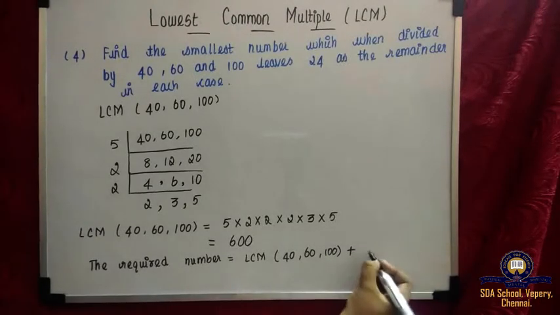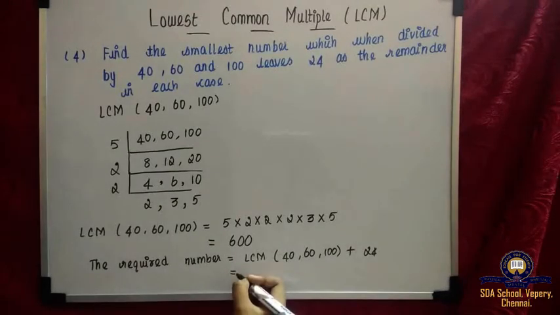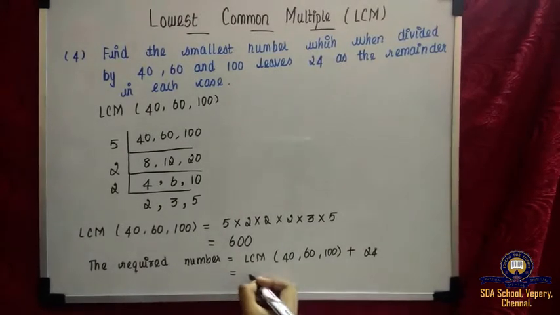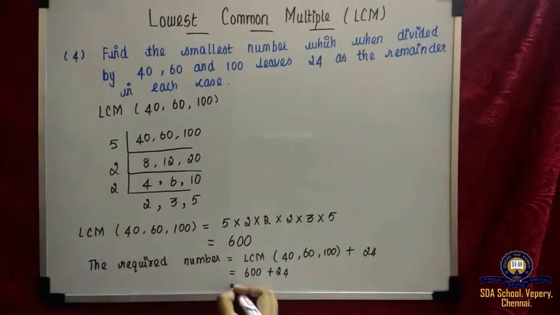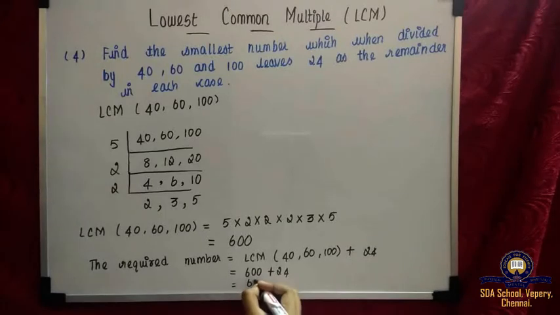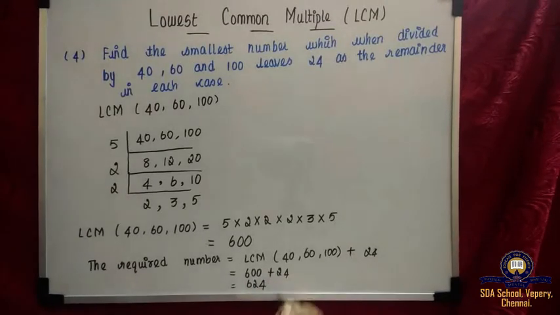The remainder is 24, right? So what is the LCM of 40, 60 and 100? Yes, 600 plus 24, which is nothing but 624. Therefore, the required number is 624.